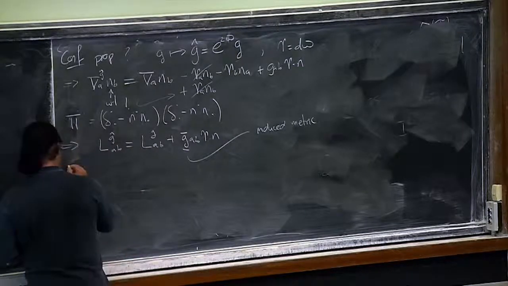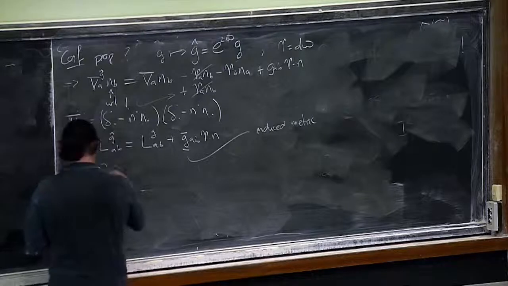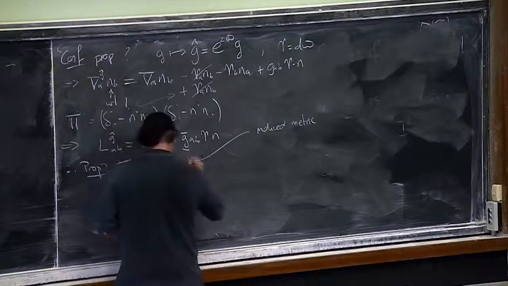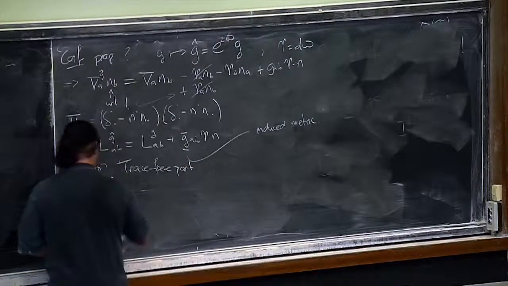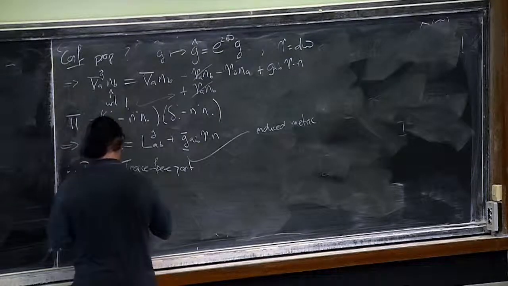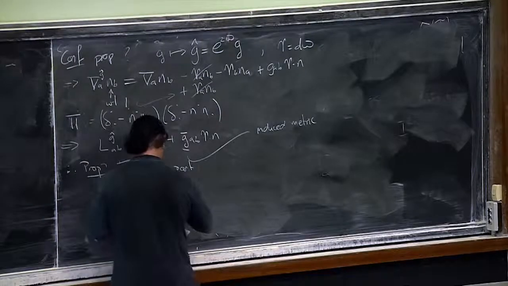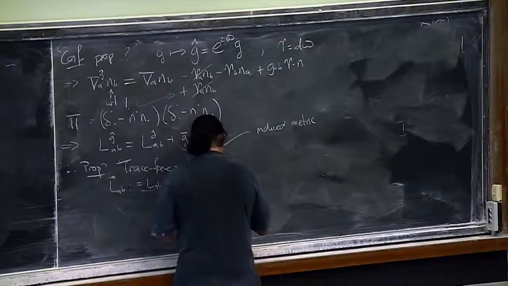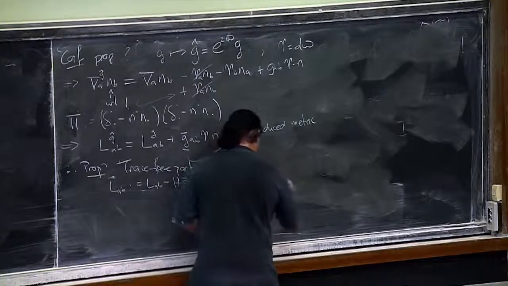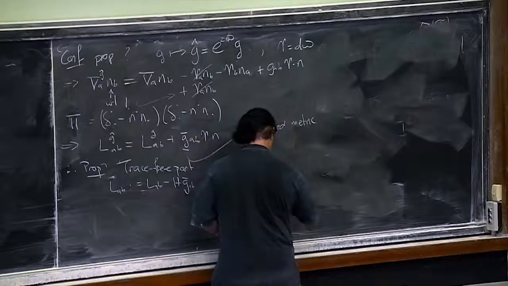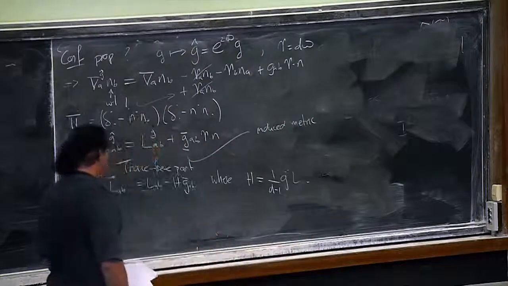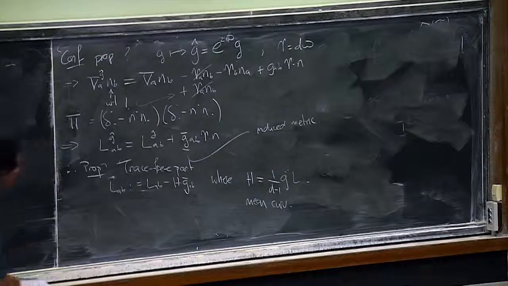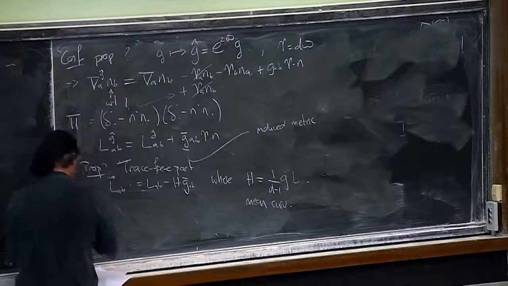And so what you immediately see is this classical result that the trace-free part, which I'll call L0 AB, where H is the averaged trace part, so the mean curvature, is conformally invariant.